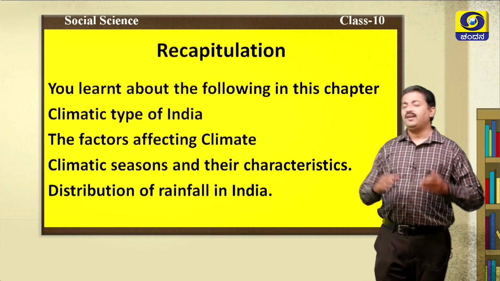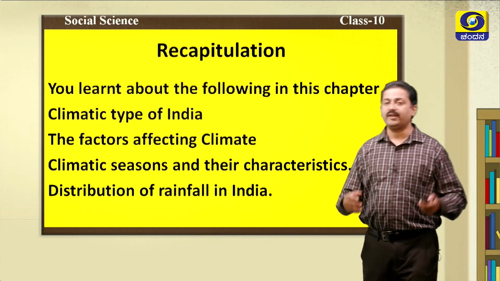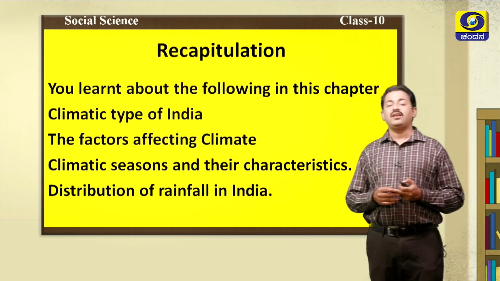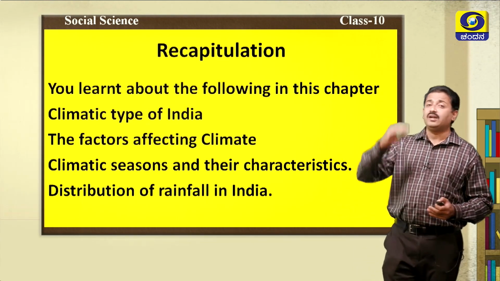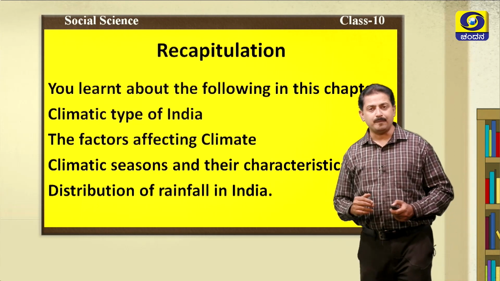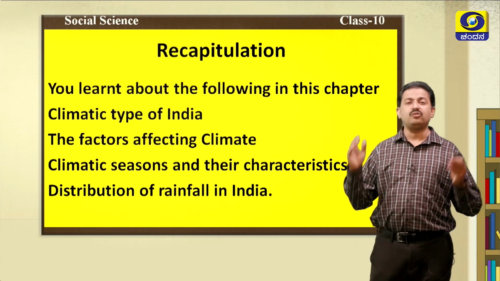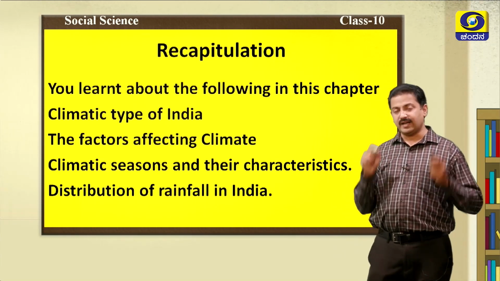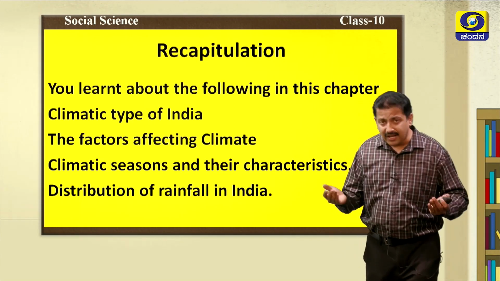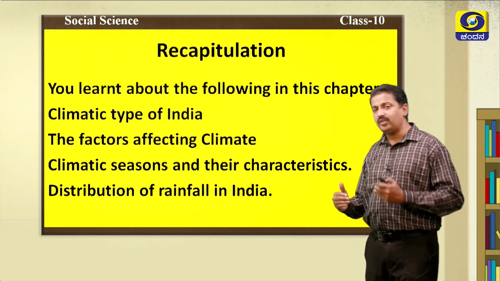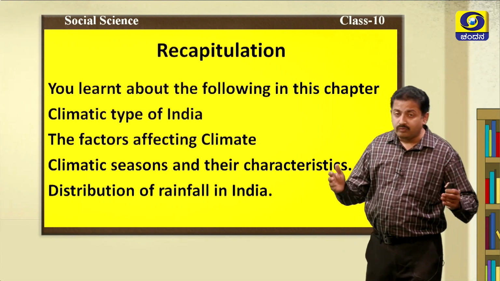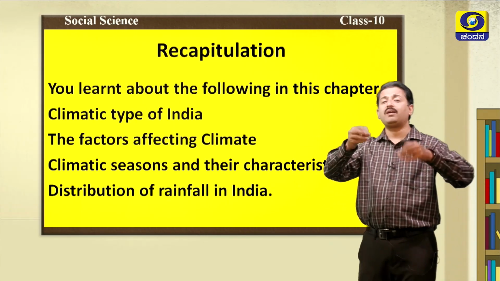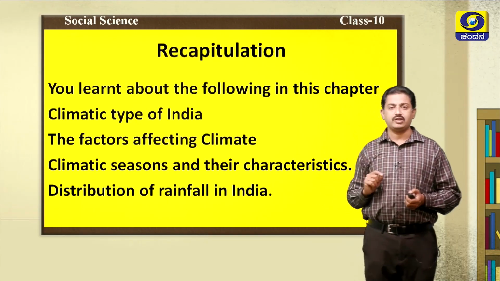Dear students, this is the time to recapitulate whatever we have learnt so far. In this lesson, you learnt about the climatic type of India, that is, the southwest monsoon influences the Indian climate. Secondly, the factors which affect the climate, that is water bodies, location, monsoon winds, relief features, all these influence the climate of India, that also you have learnt here.